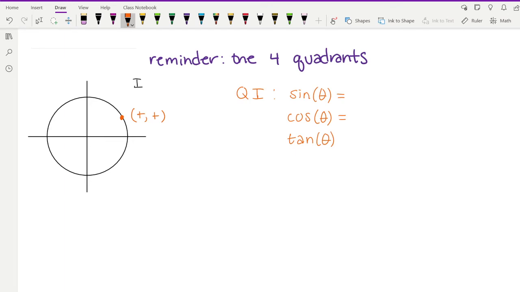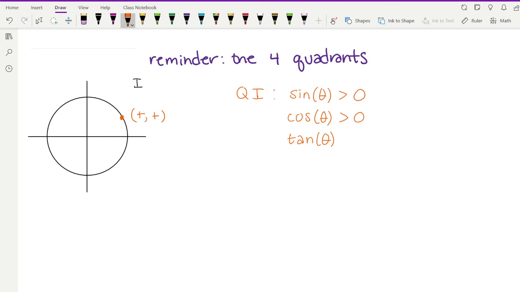So no matter what the angle is, if we're in quadrant 1, sine of theta is positive. And same with cosine, right? Cosine is also going to be positive because no matter where you are in quadrant 1, the x and y coordinates are both positive.